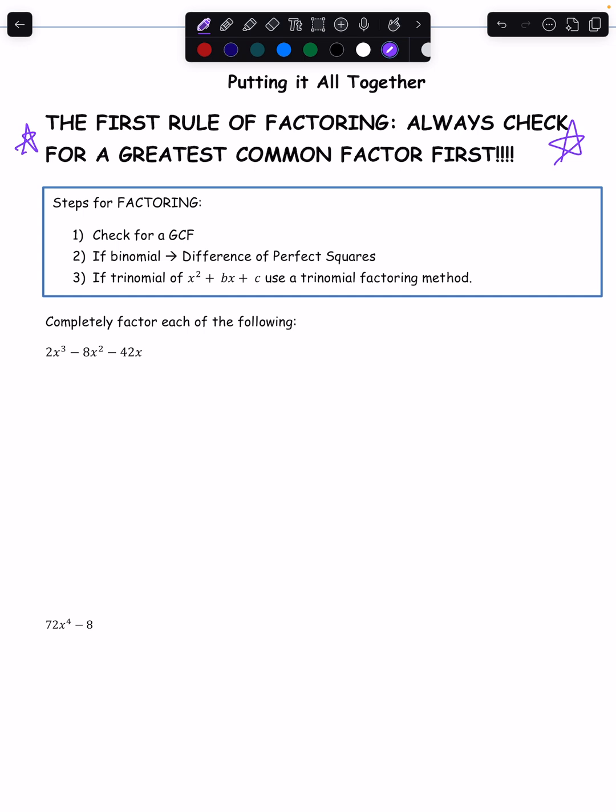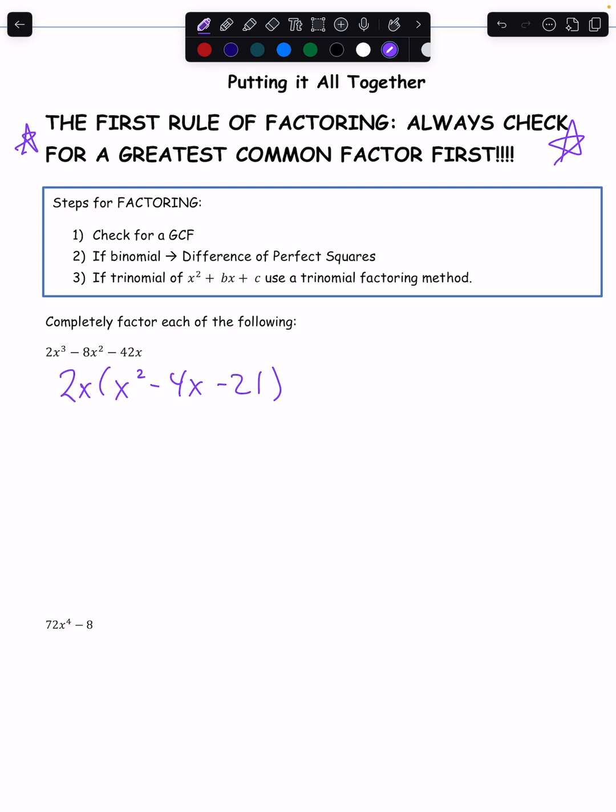So for the first one, always, always, always look for the GCF first. Does this have a GCF? Well, they're all even numbers, so we can just take out a 2. And then they all have x's, so we could take out an x. And what we're left with is x squared minus 4x minus 21. And don't circle that yet, because we might need to factor this further, which we can.